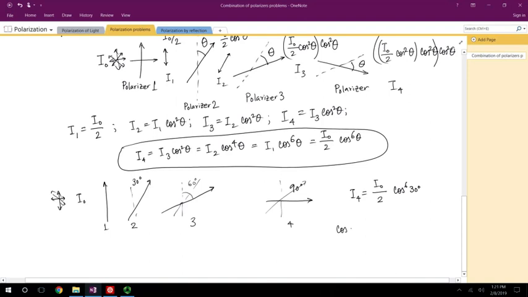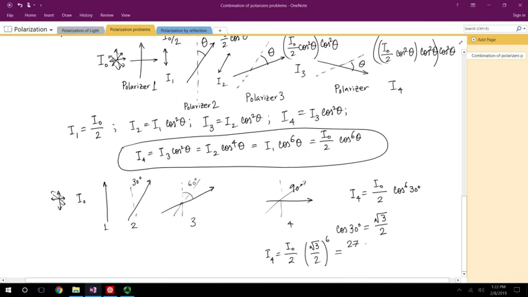But cosine of 30 degrees is equal to square root of 3 divided by 2. Okay? So then I4 should be equal to I naught over 2 times square root 3 over 2 raised to the power 6. Okay, so if we simplify this a little bit further, we get square root of 3 raised to the power 6. That is the same as raising 3 to the power 3, which is 27.